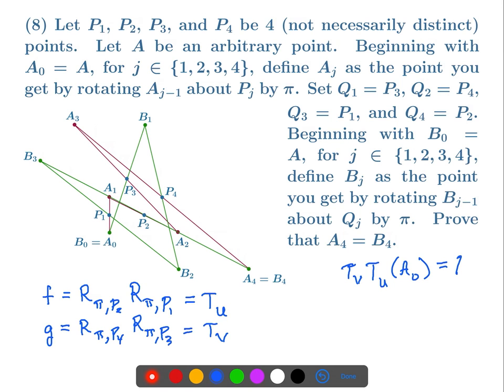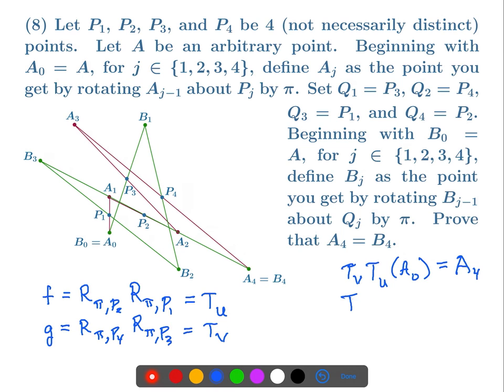That's what gave us A4. We did the rotation around P1 and P2, which was this translation, followed by a rotation around P3 and P4, which is the translation by V.